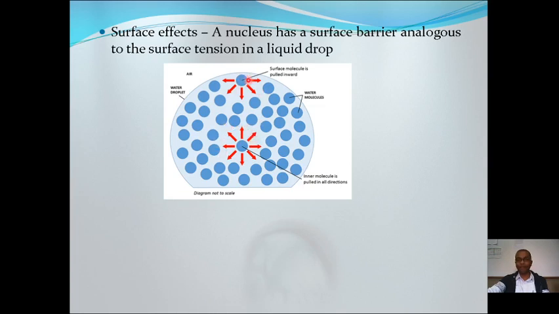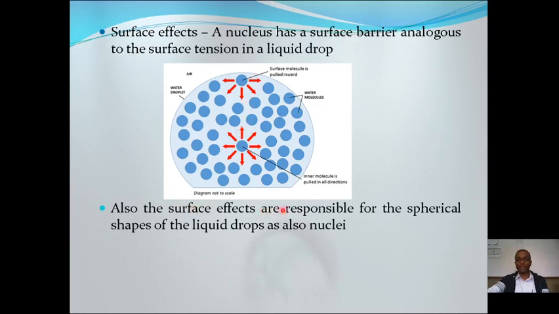However, the nucleons residing at the surface will experience a resultant force inwards. So similar to the liquid drop, in a nucleus also there is a surface tension. We call it the surface effect. There is a surface barrier. So this is another similarity between a liquid drop and a nucleus.